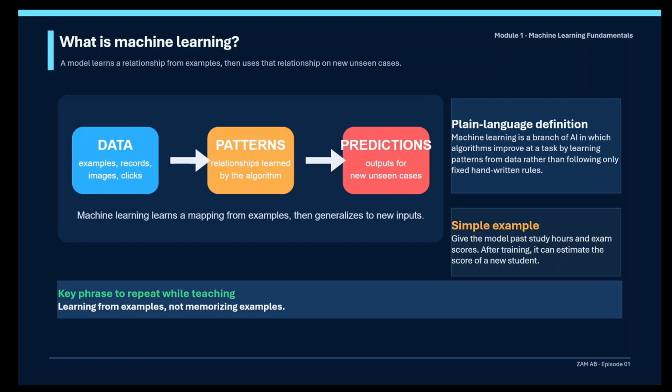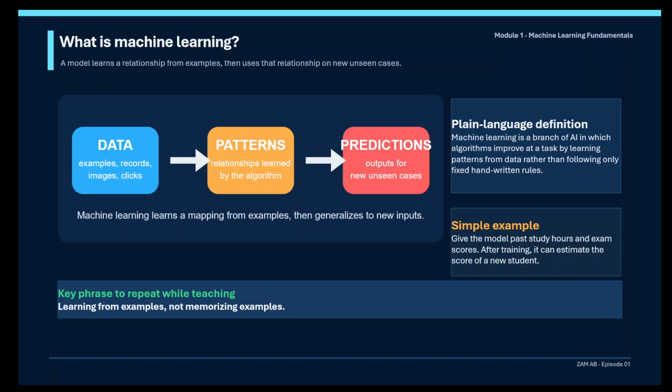But in machine learning, there are no such rules. We are giving the data, and the model can improve as it moves forward with more and more data and more experience. With that, it will improve in taking future decisions and making predictions.